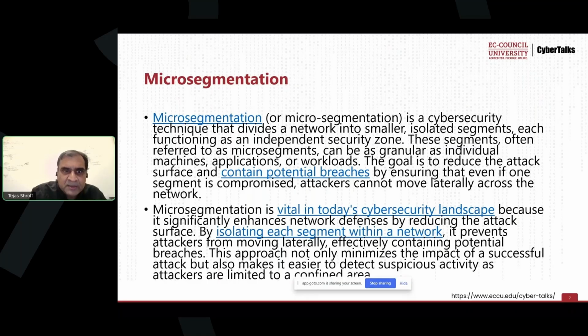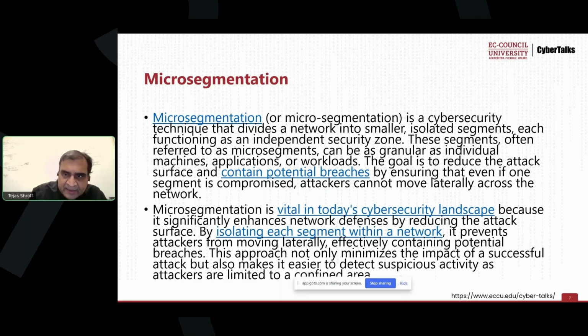So microsegmentation is very critical in today's cybersecurity landscape because obviously it bolsters and significantly enhances your network defenses by reducing the attack surface. Even if one of the machines gets compromised, right, because of the microsegmentation, you're not able to move and jump over to another node within the network.